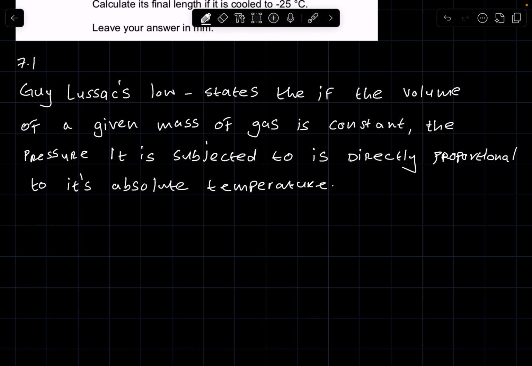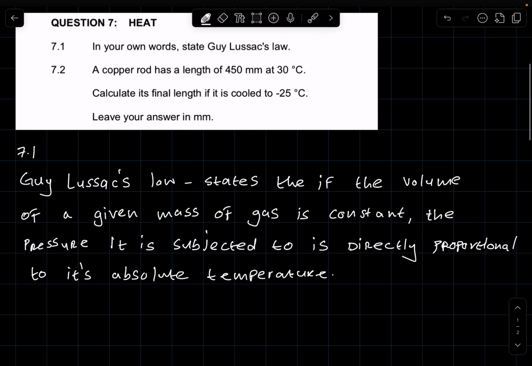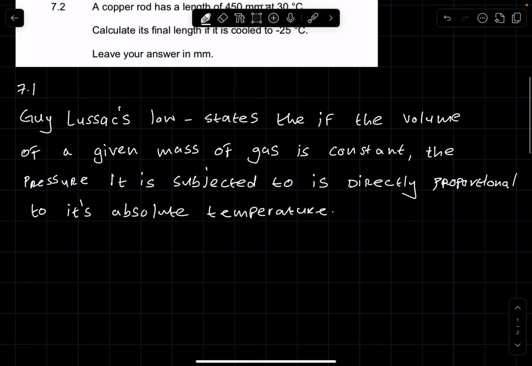We'll dive deeper into this when we look at gas laws, but Gay-Lussac's law essentially states that if the volume of a gas is constant, the pressure it is being subjected to is directly proportional to its absolute temperature.